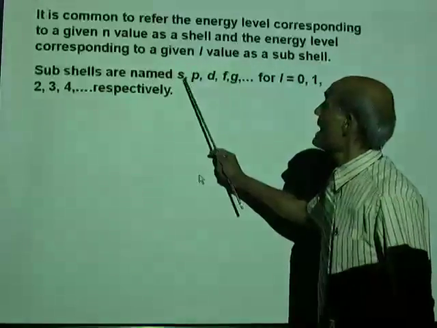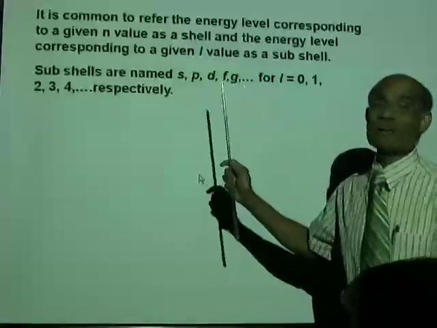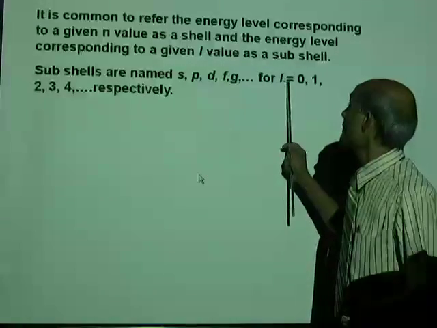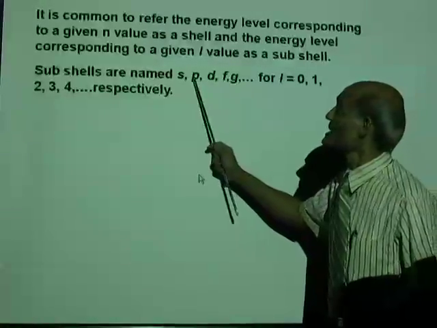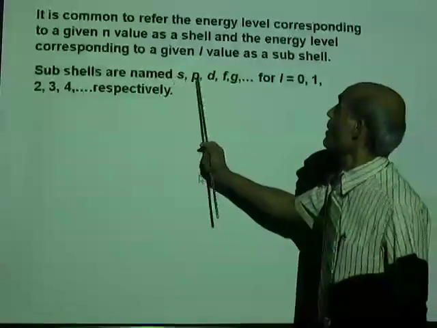Subshells are named s, p, d, f, g, and so on. Now, the subshell s stands for the value of L equal to 0. The subshell p stands for the value L equal to 1, and so on.